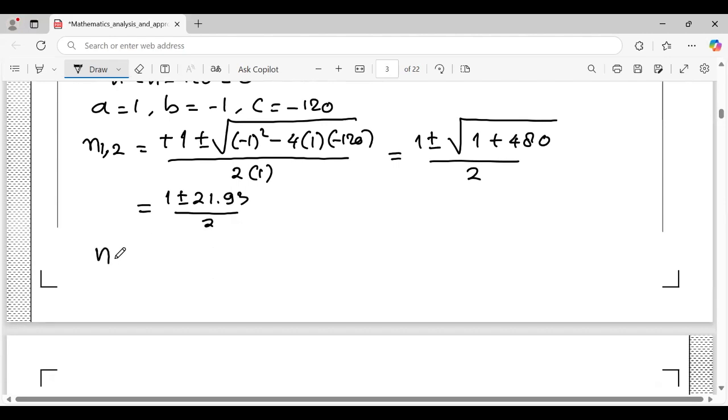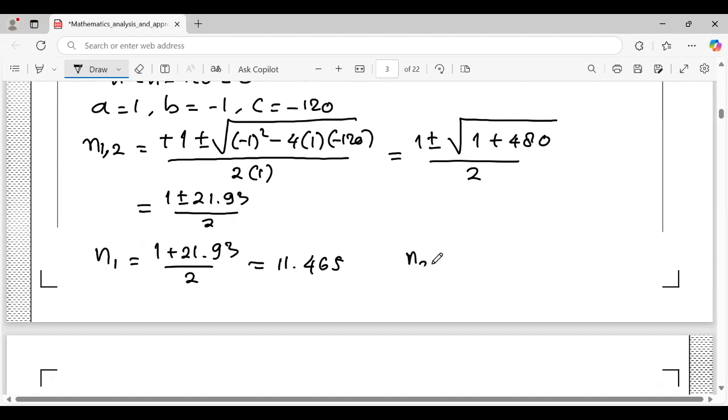So n1 is 1 plus 21.93 divided by 2, and the result is 11.465.